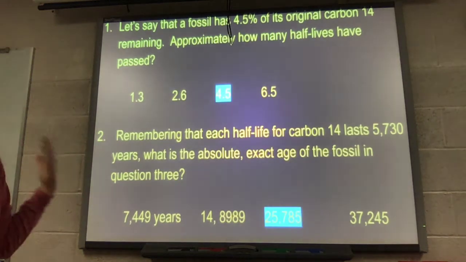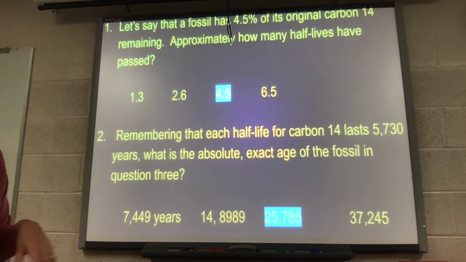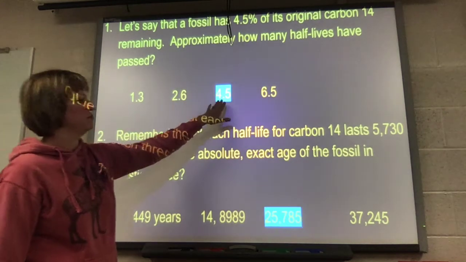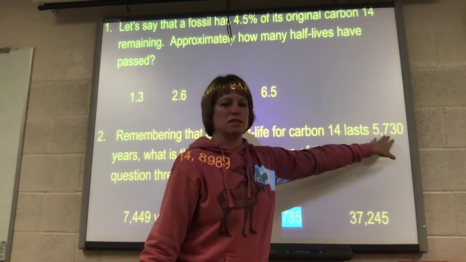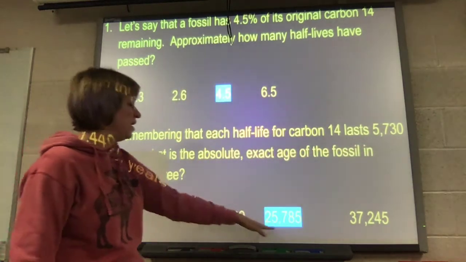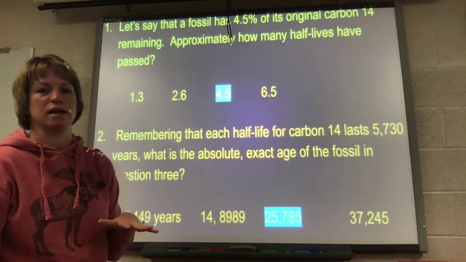It would be about 4.5 half-lives. So now remembering each half-life is 5,730 years, what would be the absolute age of that fossil? The math isn't really terribly tricky at that point. You're taking 4.5 times 5,730, because each half-life is that long, and you get an absolute age of 25,785.